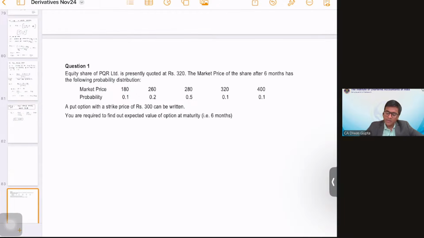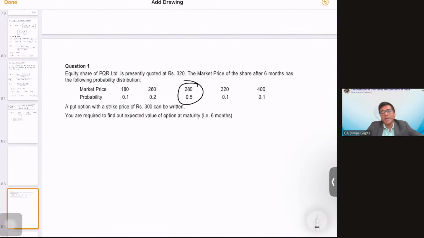For the market price of 180 rupees, there is 0.1, that means a 10% chance. There is a 20% chance that the price will be 260. There is a 50% chance that the price will be 280, which is the majority one. 10% chance the price will be 320 and another 10% chance that the price will be 400.